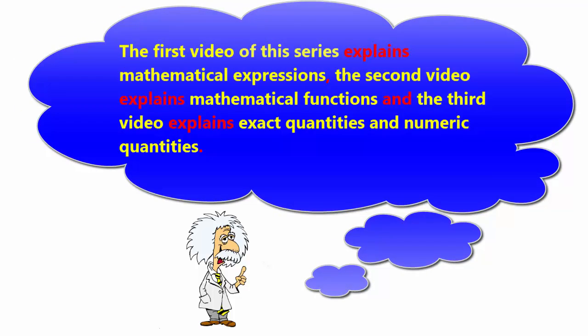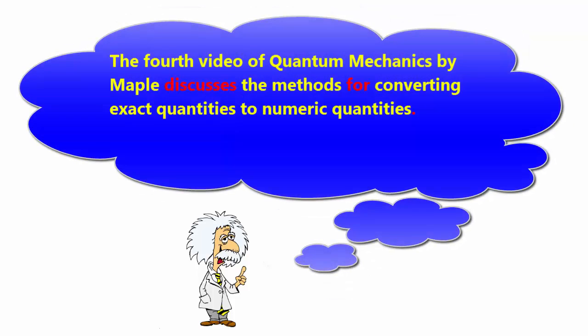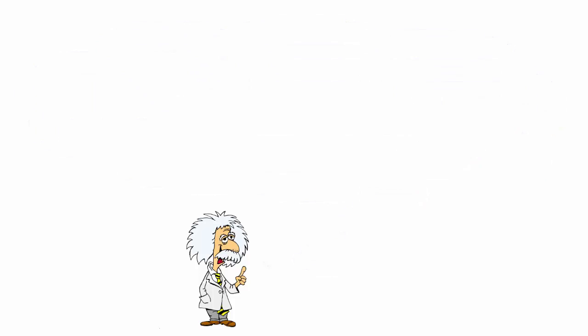The first video of this series explains mathematical expressions, the second video explains mathematical functions, and the third video explains exact quantities and numeric quantities. The fourth video discusses the methods for converting exact quantities to numeric quantities.